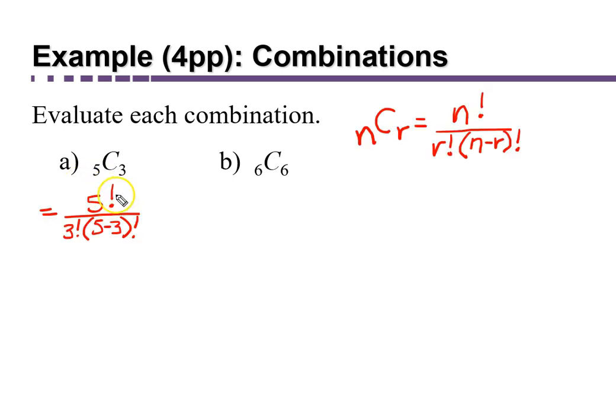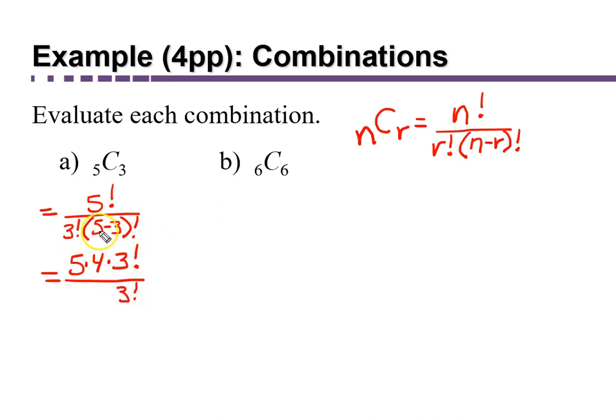So I set this up, 5 factorial divided by our r, 3 factorial, and then 5 minus 3 factorial. So this will be 5 times 4 times 3 factorial. You'll see why I'm leaving it like that in a moment. And then I'm going to put this 3 factorial here.